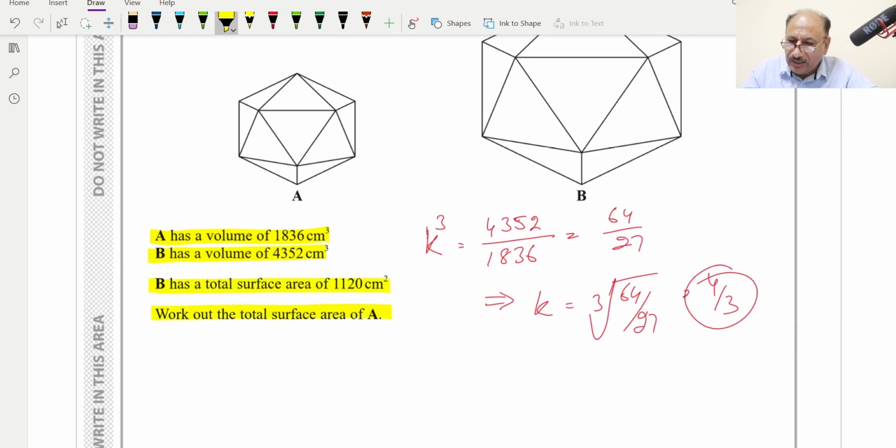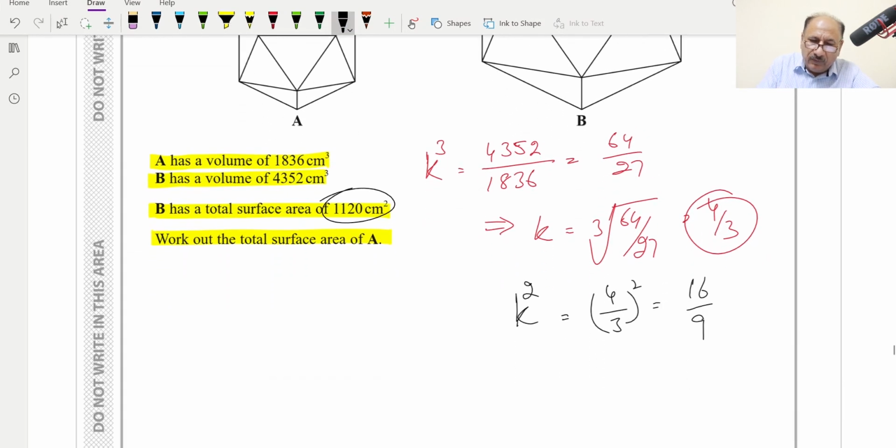Now we have to utilize surface area. For surface area, this k, we will be using k squared, because for area we are using square value. So this will be 4 over 3 squared, which will be equal to 16 over 9, and this one we will be using for this value.